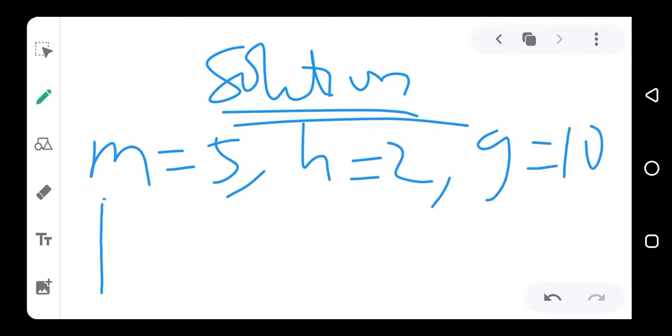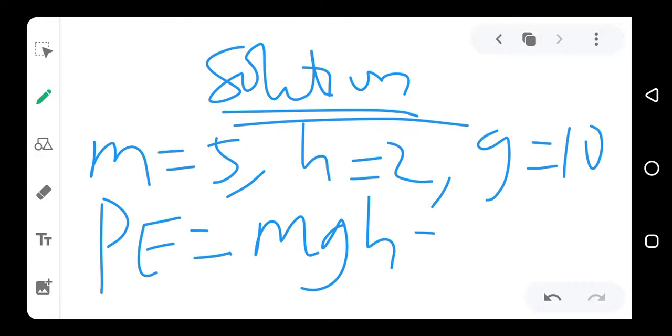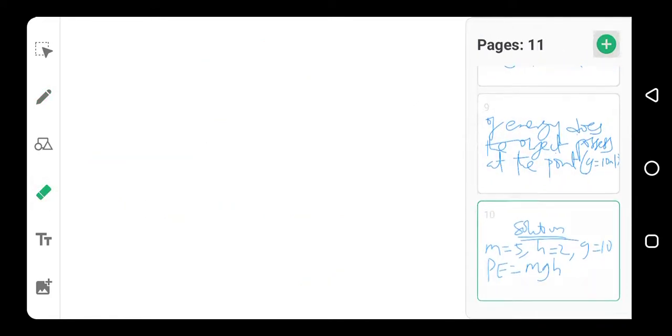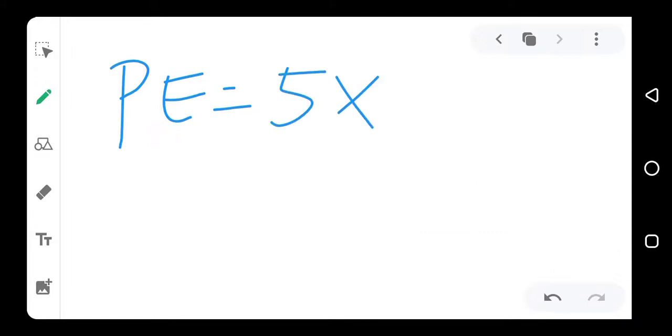Now potential energy PE is equal to mgh. The potential energy PE is equal to m is 5, so we have mass 5 times g is 10 times height is 2.